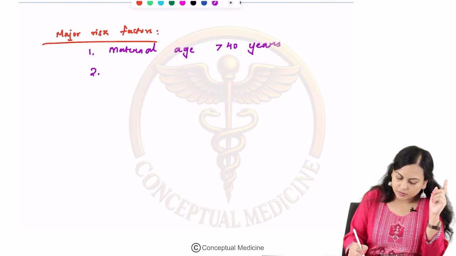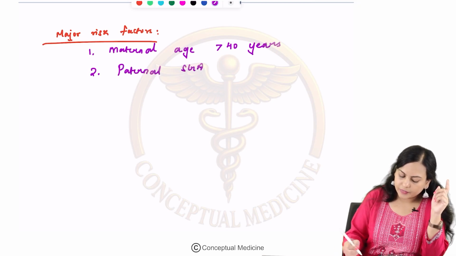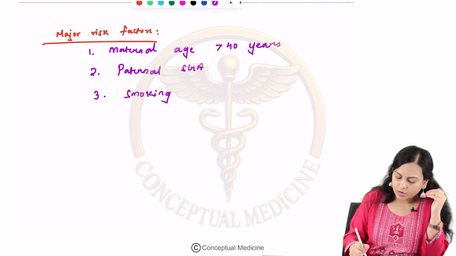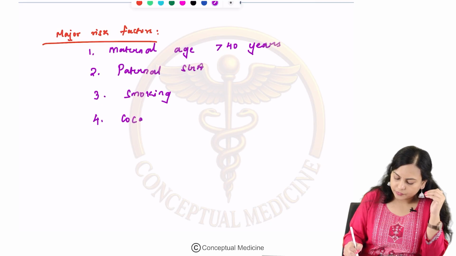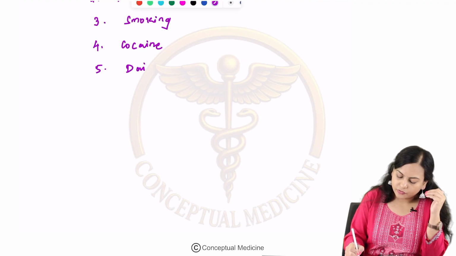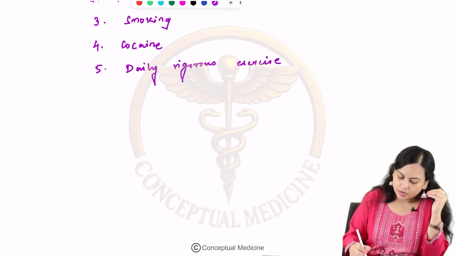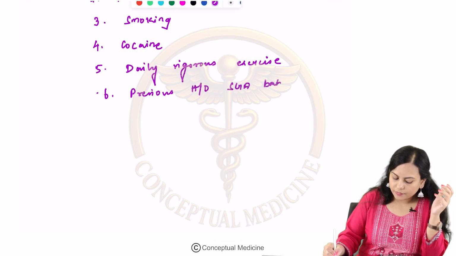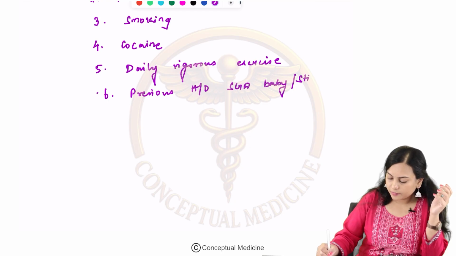Then there is a history of paternal SGA. Then there is smoking or cocaine abuse, or a history of daily vigorous exercise, previous history of SGA baby or stillbirth.